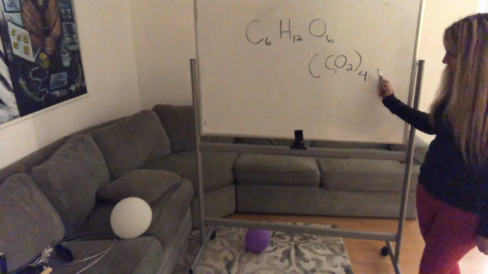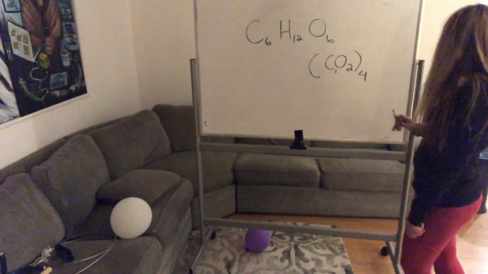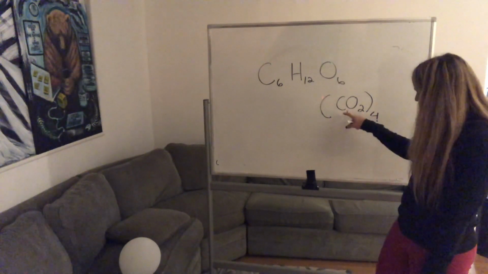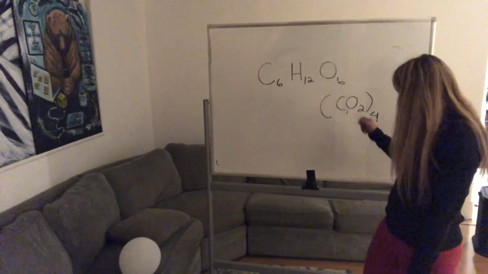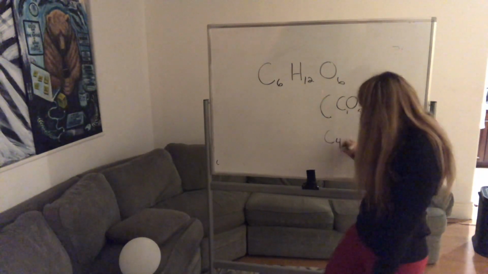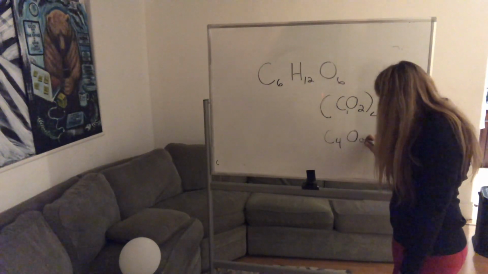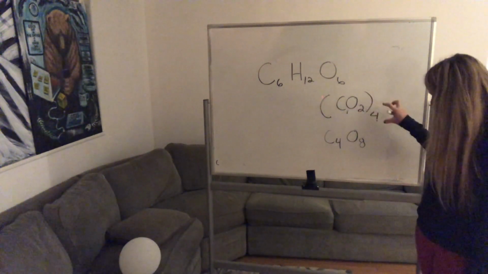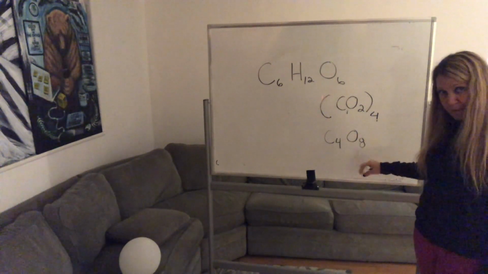So we will multiply each of the subscripts times this 4. 4 times 1, 4 carbons. 4 times 2, 8 oxygens. So if I count up the atoms in this, I would have 4 carbons and 8 oxygens.